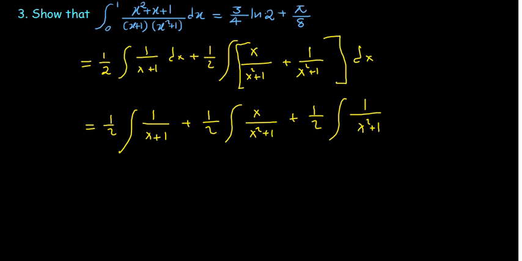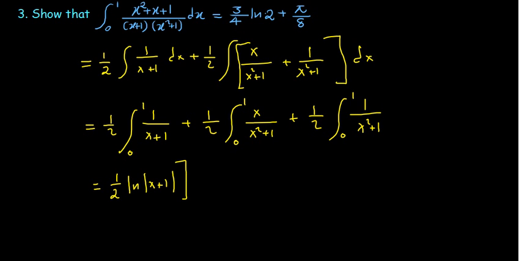Okay, now I can put back my limits. This is 1, this is 0, this is 1, this is 0, this is 1, this is 0. So this is going to be 1 over 2. Whenever we've got 1 over x plus 1, we'll just bring natural log, and we write x plus 1, the absolute value, like that.